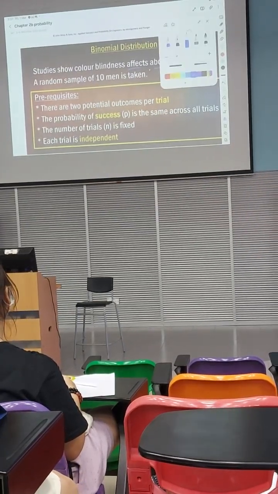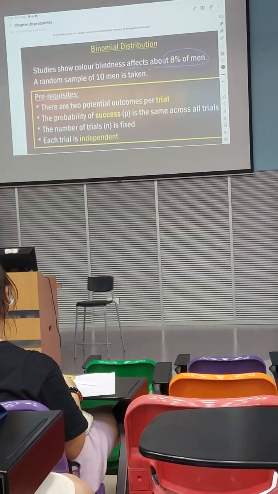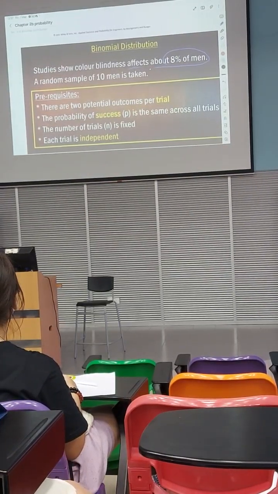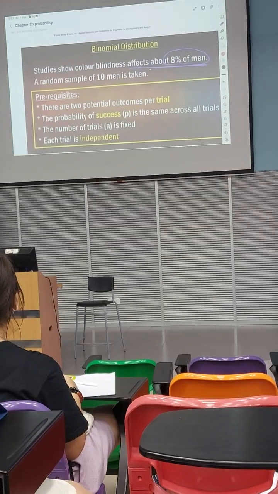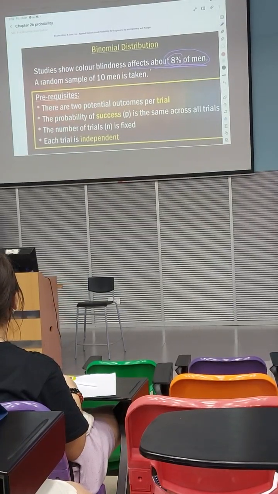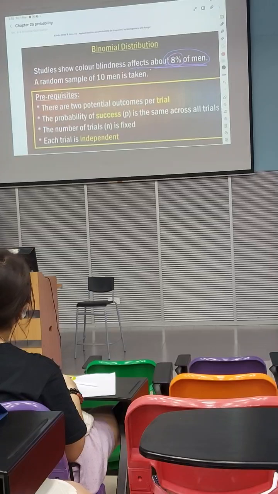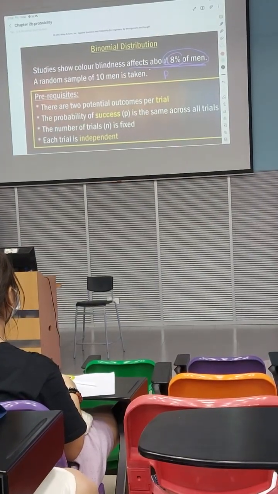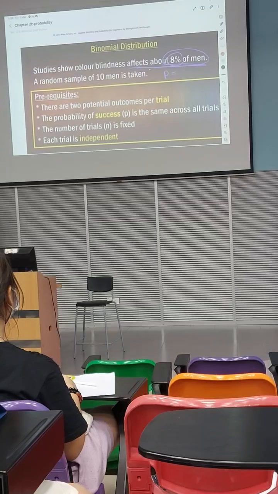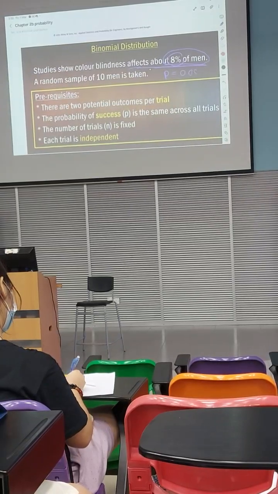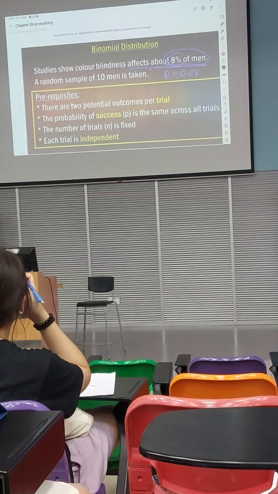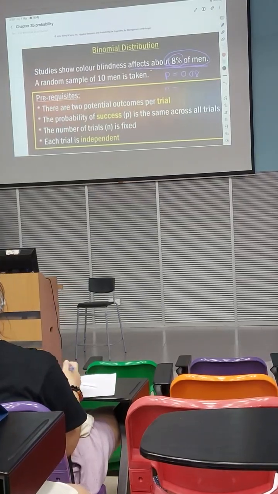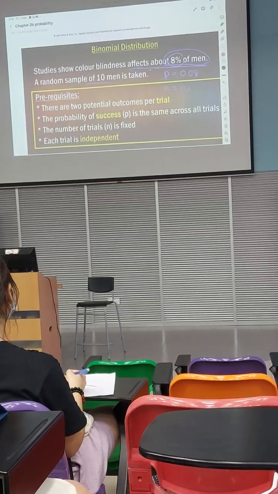If you look at this example, what information do we have here? What is 8%? It means the probability. In this case, p equals 8%, which is 0.08. Then a sample of 10 means n equals 10.